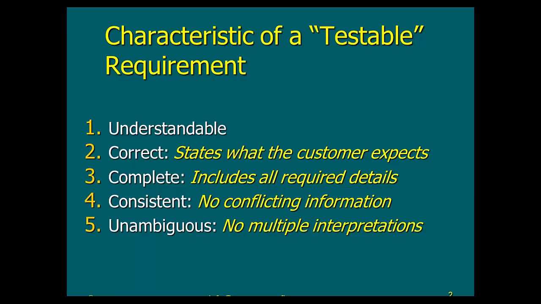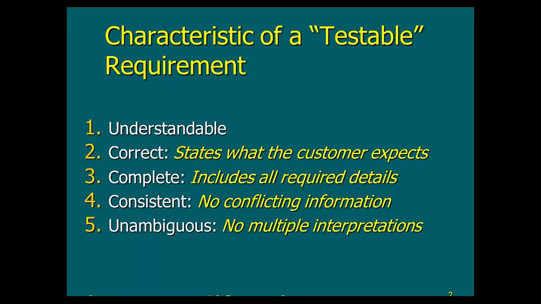And I put for you here the meaning of those things just in case you are wondering what they mean. So there is no requirement as far as I'm concerned, and there is no user story as far as I'm concerned, that's complete or unambiguous. Some of them are understandable.